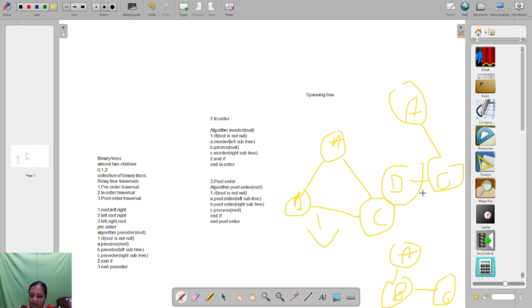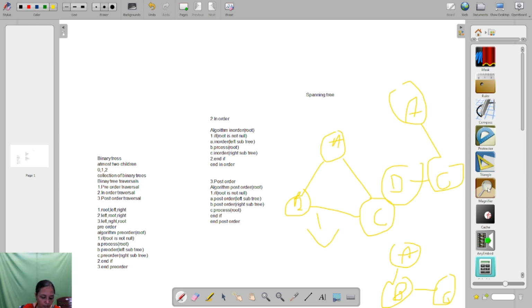So the spanning tree does not contain any loops. That one is called a spanning tree. Hence, a spanning tree does not have a cycle and it cannot be disconnected. So these are the collections of spanning trees.